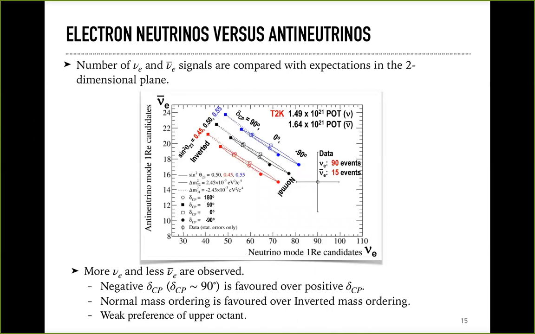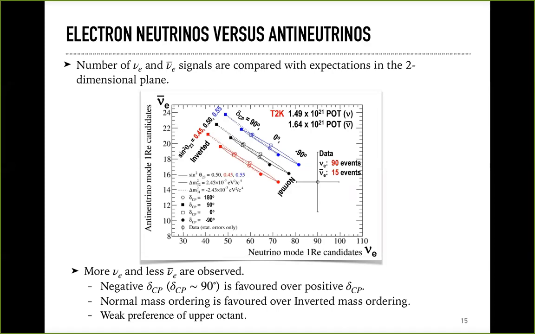So here you can see the electron neutrinos versus antineutrinos, where the indication really is that you have more electron neutrinos and fewer antineutrinos than expected. So you do have an indication really of CP violation.